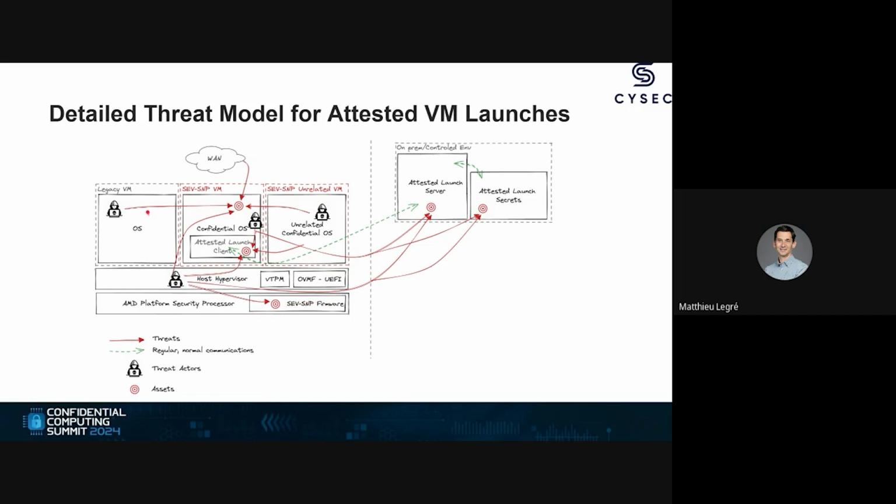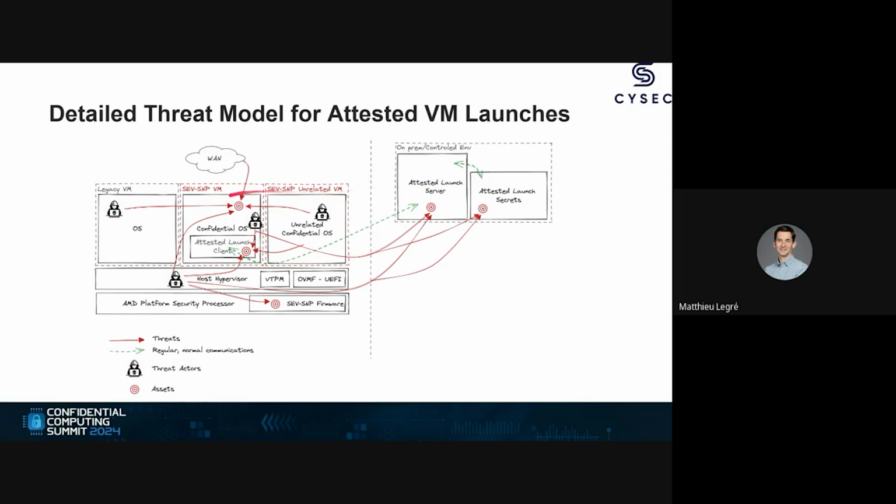And there are some other players on the same cloud, some legacy VMs, some other unrelated confidential VMs. We consider a threat model where a threat agent can be outside the confidential VM and try to attack, for example, the agent, or attack the remote attestation service.